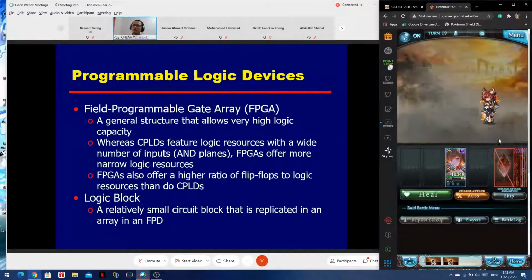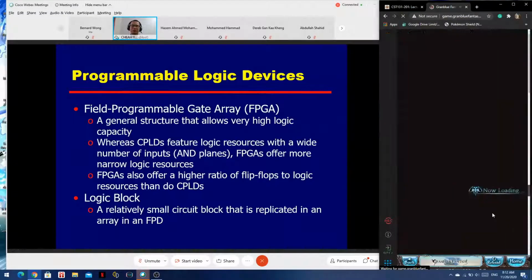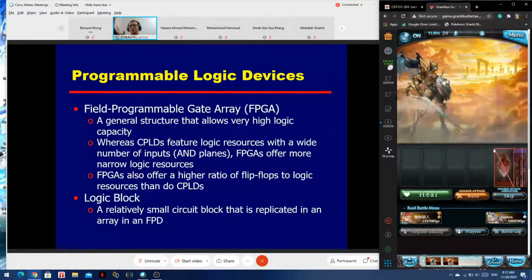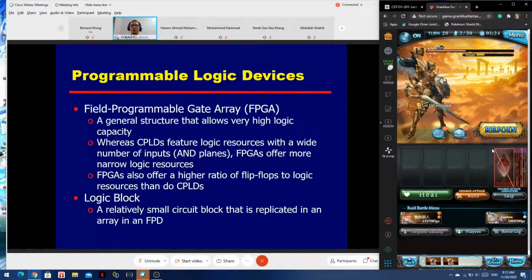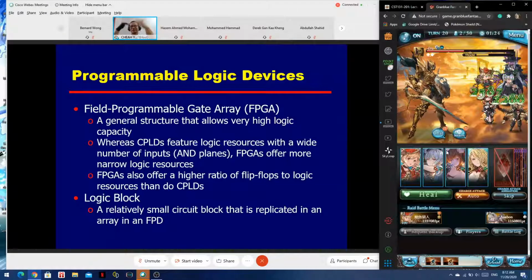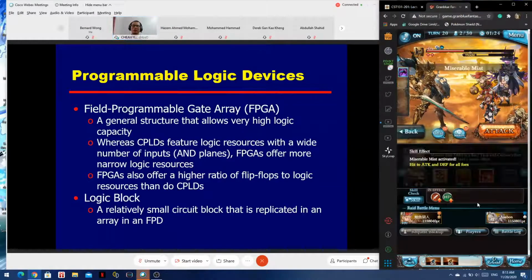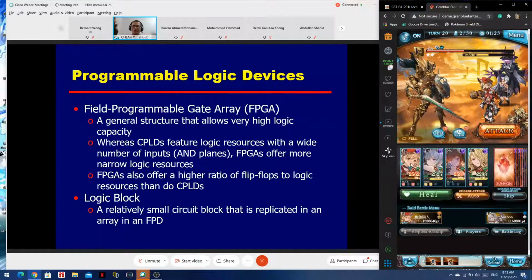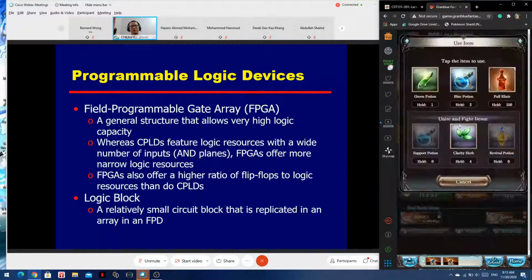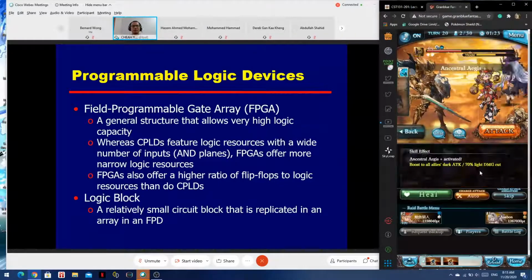Another thing that we want to introduce here is the field programmable gate array. What happens in this FPGA is that it allows more complicated logic functions, and again, it has a wide number of inputs for the AND gates. It offers narrower logic resources so that it's very focused in its processing.